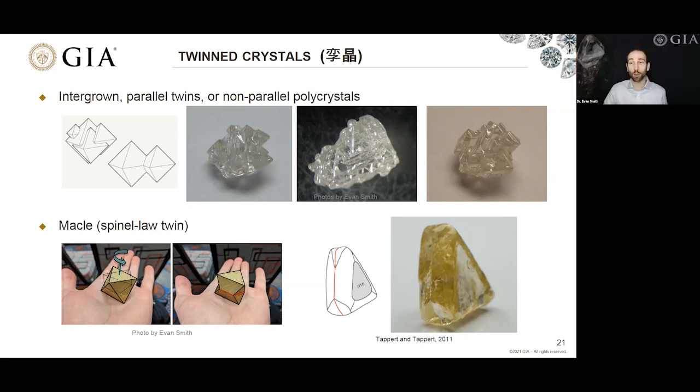And in the bottom row, we can see another kind of twin that's fairly common in diamond. It's called a Mackle or Spinel law twin. It looks like a triangular tablet.